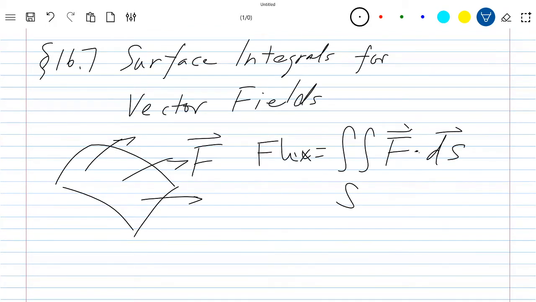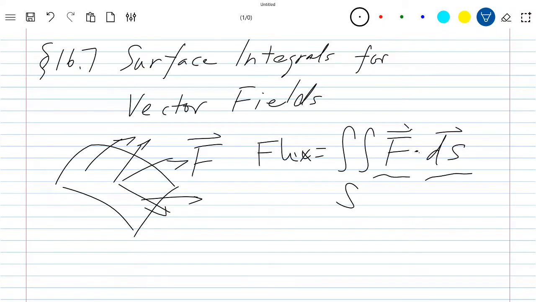As a flux, it means we will pretend F is a flow, so we can see what is going through this surface. If F and dS are parallel, so F is like normal, we can say something is going through this surface. But if F is parallel to the surface like that, then we'll say it's not going through.